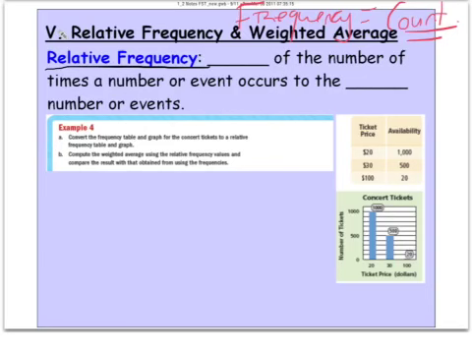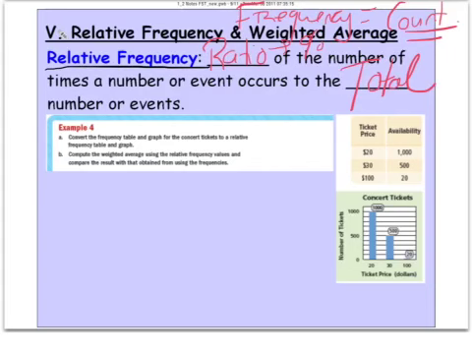Okay, relative frequency is very similar, but what it is, it's a ratio. It's a ratio, or what you could say, it's a percent. So it's a ratio of the number of times an event occurs to the actual total number of events. So just remember that. When you hear frequency, it means the count. Relative frequency means a percent of that count.